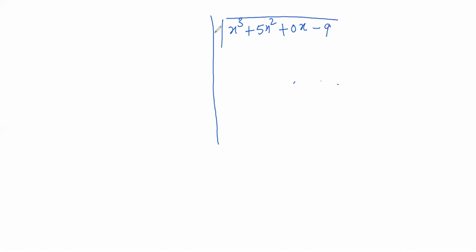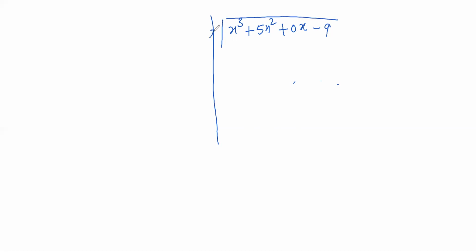We divide this one. After x cube plus 5x square, usually we'd have an x term, but here there is no x term, so we put 0x minus 9, divided by x plus 2.